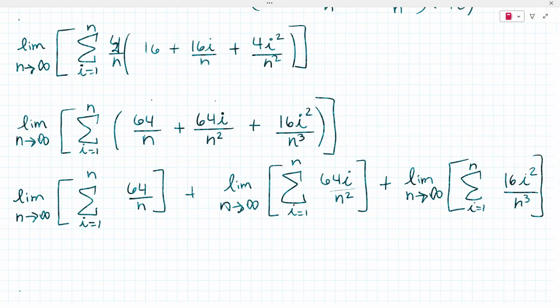Okay, so now we wrote it as 3 different summations. Now we have to use our rules. So let's start with the constant.